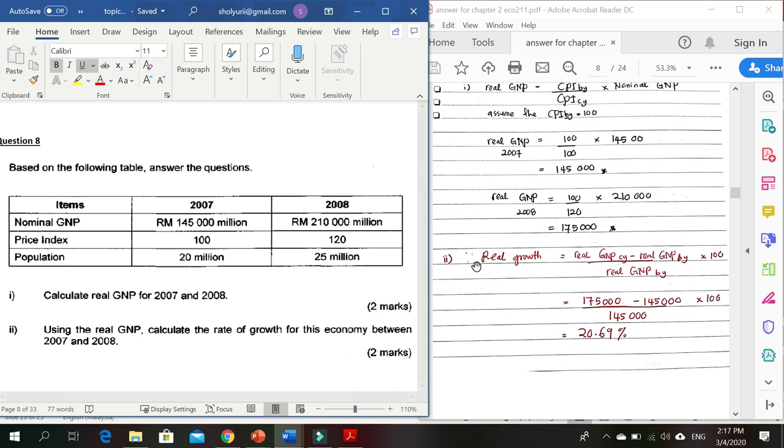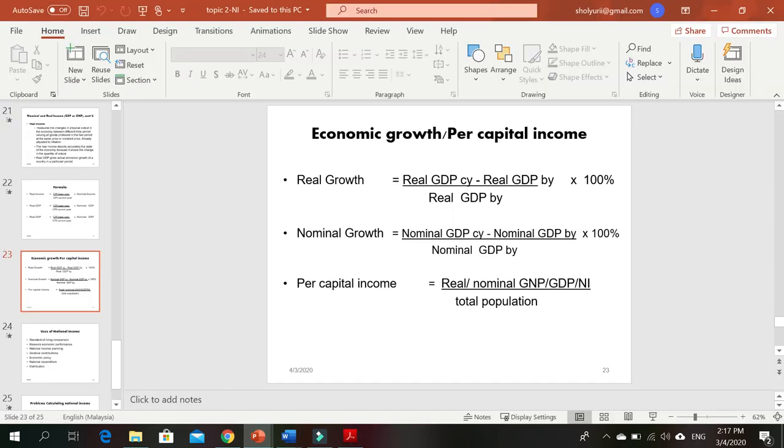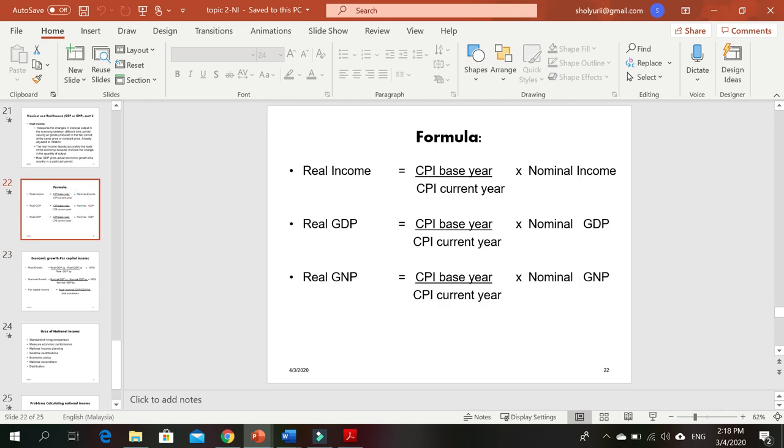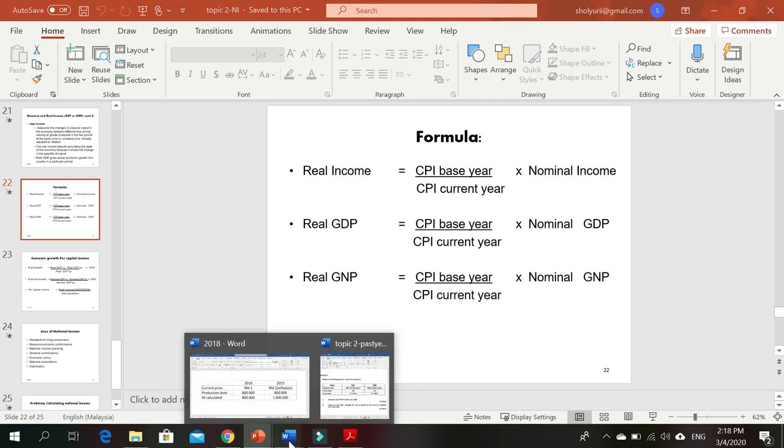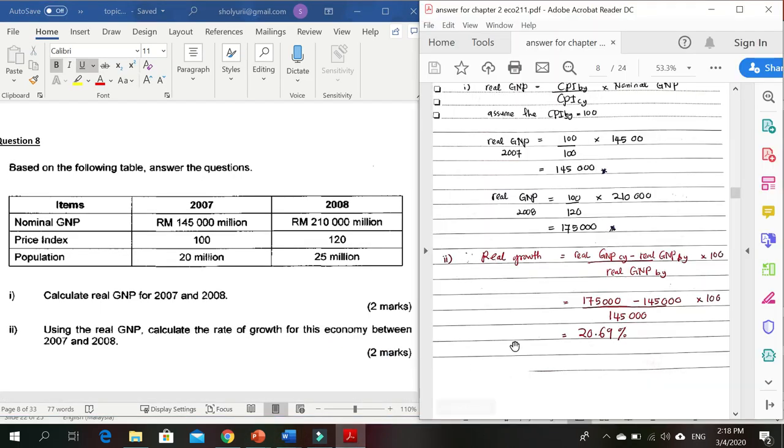So the real growth rate, the formula will be real GNP. Sebab tu saya kata formula dia akan bergantung kepada apa yang dia nak lah. Macam tadi kan kita punya ni, sekarang ni real growth sebab tadi GDP. Sebab dalam soalan pakai GDP. Kalau GDP, GDP. Kalau GNP, GNP. Okay. So for our question tadi, question kita GNP. That's why real GNP lah.